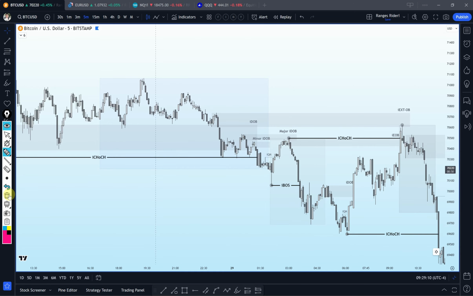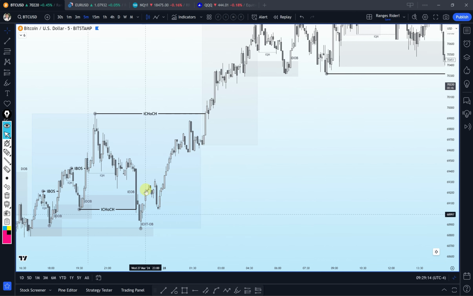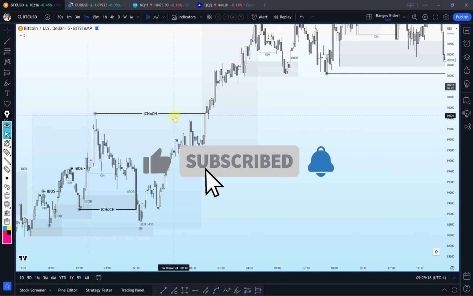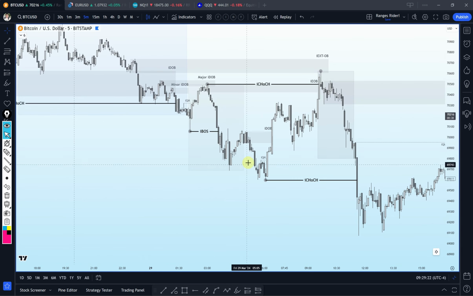And now we have the same example which we checked here. Once the market takes the external OB, we look for the other side of the market. And now the same example here. This was the range A to B, and the internal DOB was disrespected, and then we are looking for the extreme and external.